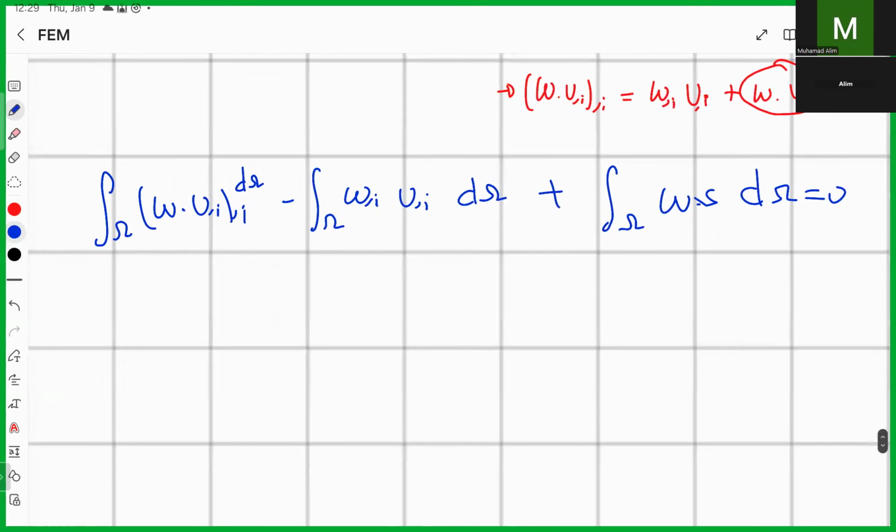Now, what you want to do here is to apply the divergence theorem to this. So we want to apply the divergence theorem. Okay, so what is going to happen when you perform the divergence theorem?